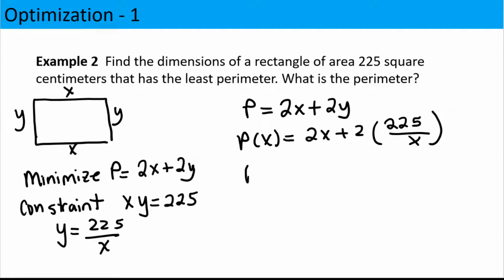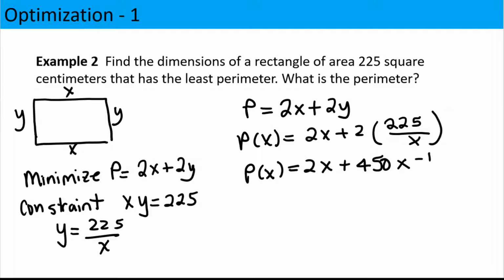We'll do some algebra, and we'll get P of x equals 2x plus 2 times 225 is 450. And to make it easier to differentiate, we'll write the 1 over x as x to the minus 1.